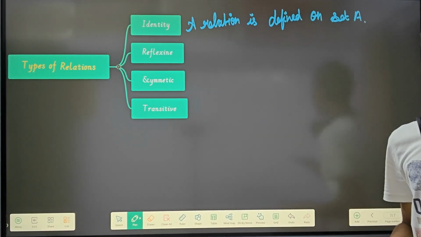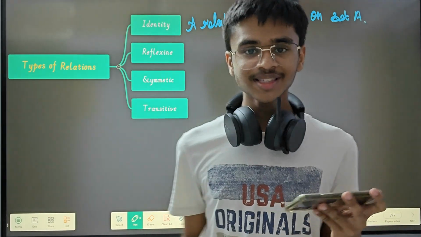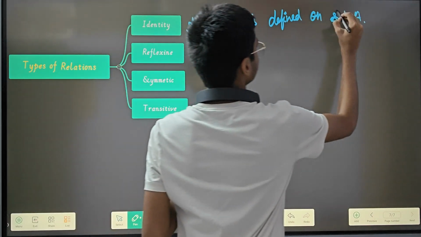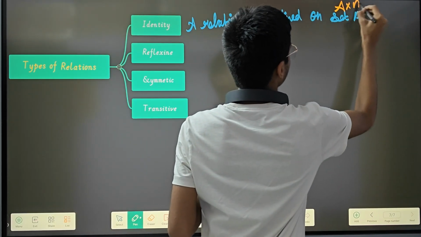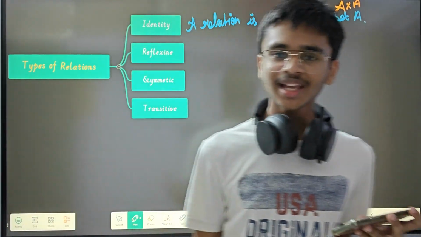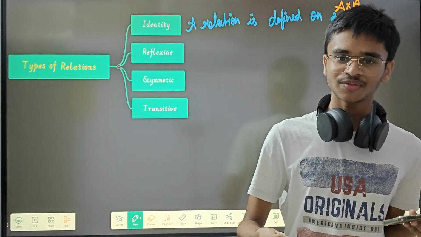What does the word "on set A" mean? On set A means A into A. When you are having a relationship with set A itself, that means set A is having a relationship with itself.